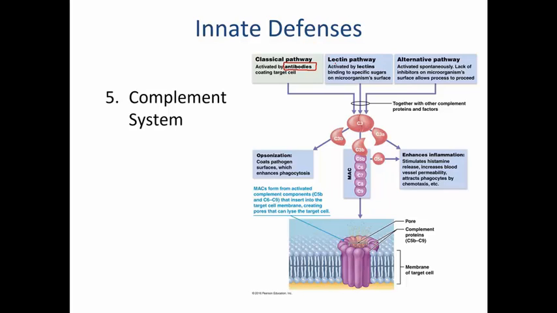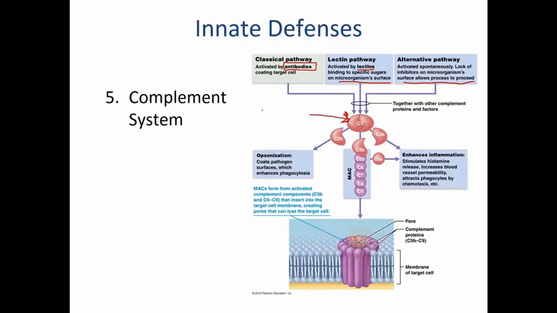It can also be activated directly by lectins, which are molecules that bind to specific sugars on the microorganism's surface, or just spontaneously because that microorganism lacks a type of surface and it allows the process to proceed. So all of these things are going to cause the complement system to be activated.